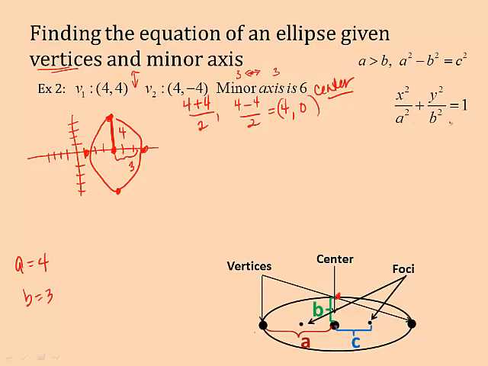But I want you to look carefully. This is a vertical ellipse, is it not? It's oriented vertically, which means the major axis is vertical, the minor axis is horizontal. So what happens is the A value, which is always the bigger of the two, is going to have to go under the y squared because it's vertical, okay, because it's the y.